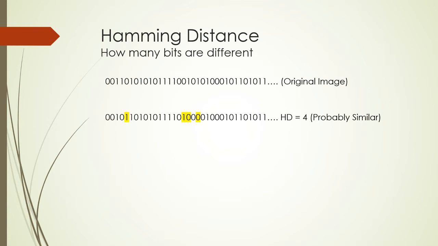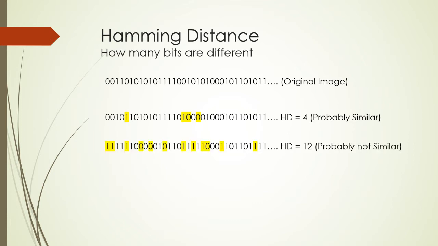And now let's compare with a different image. This different image has a Hamming distance of 12. There's 12 bits that are different, which means it's probably not very similar at all. So now that we have a Hamming distance, the first image is probably going to be a lot closer to the original than the second image. And that's how we're able to compare two different images.